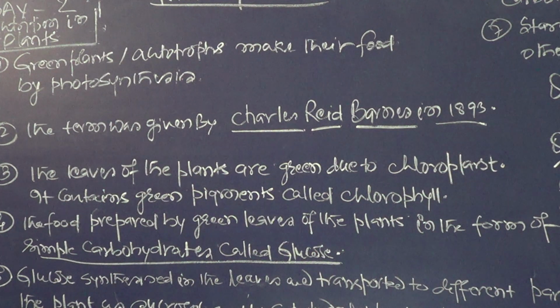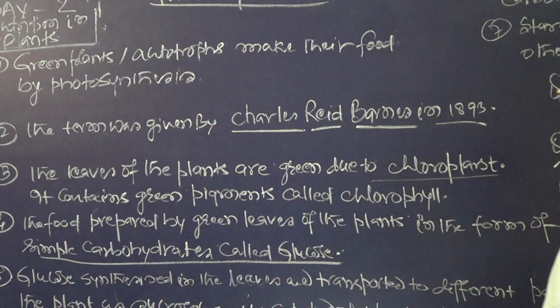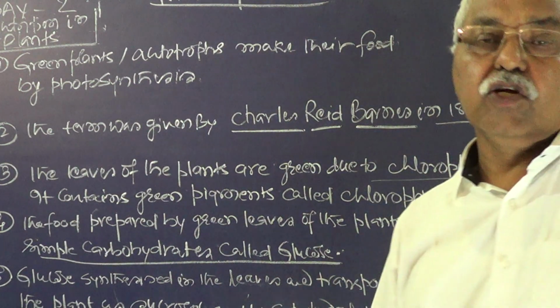These chloroplasts contain the green pigment that is called chlorophyll.